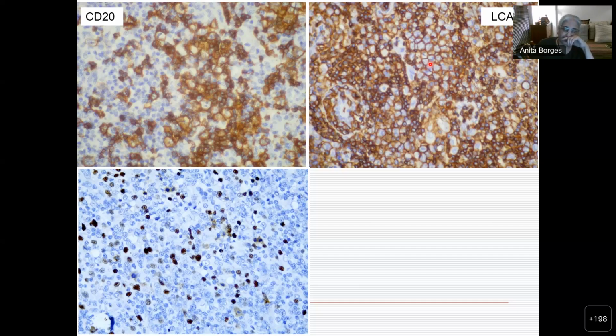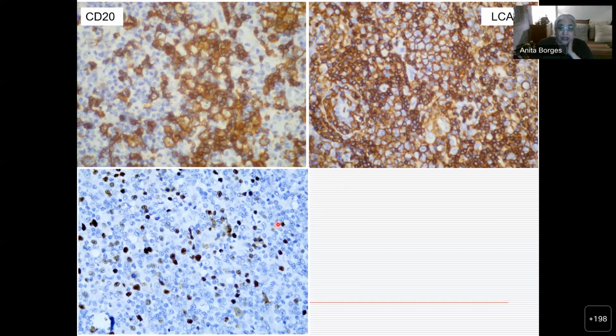Now somebody write in the chat box, what is this stain that has been done on the bottom left-hand corner? And it tells you exactly what this is. Yes, it is EBERs. This is an Epstein-Barr virus stain.